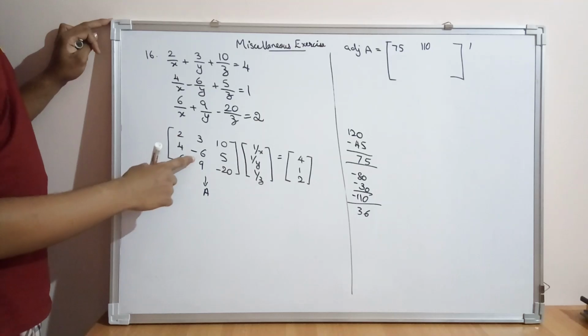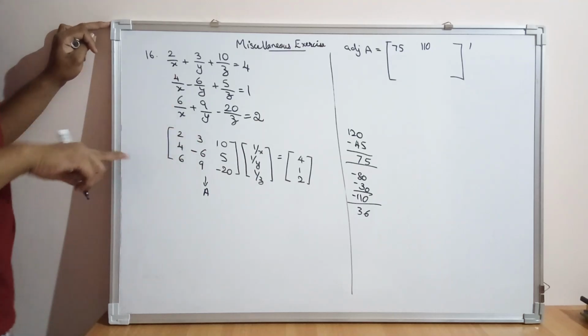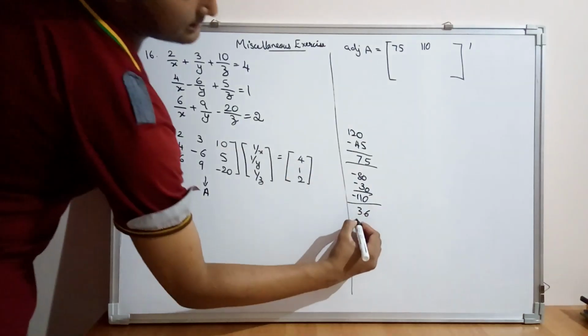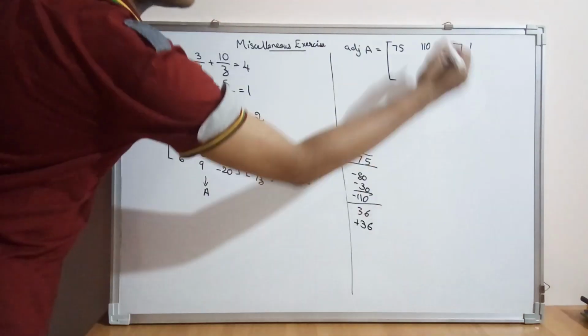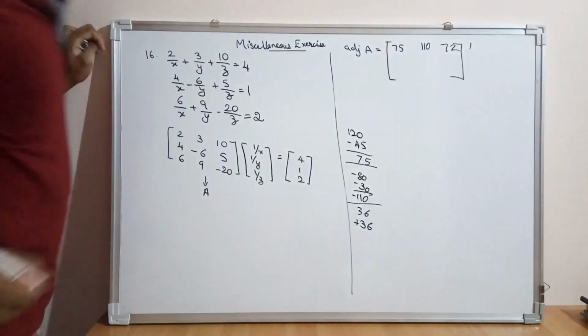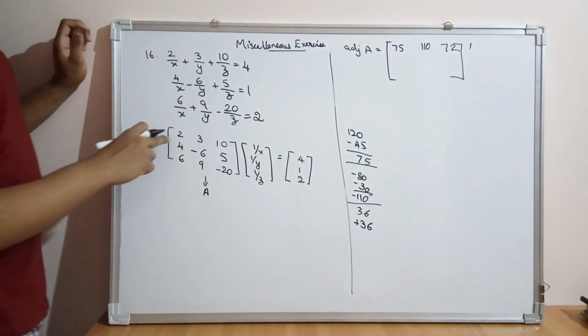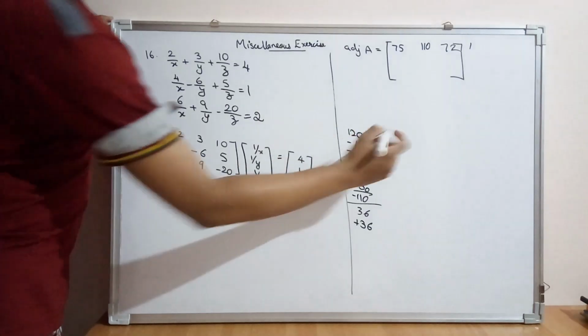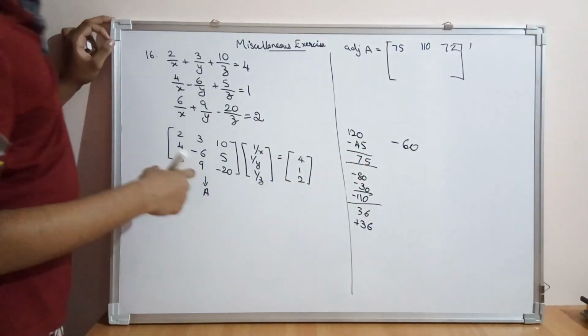Minus of minus, that is again plus we are going to get. So plus 36, that is 72. 72 was here. Now the next term, 3 into minus 20, that is minus 60.